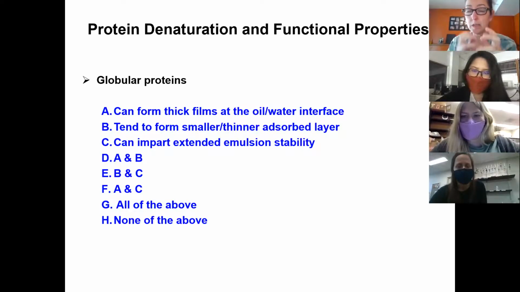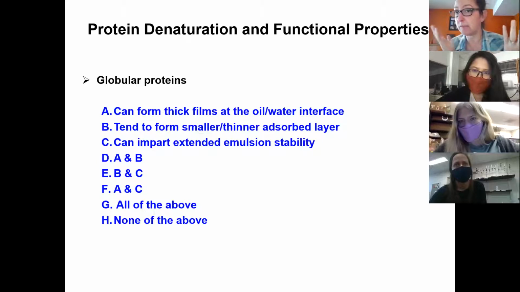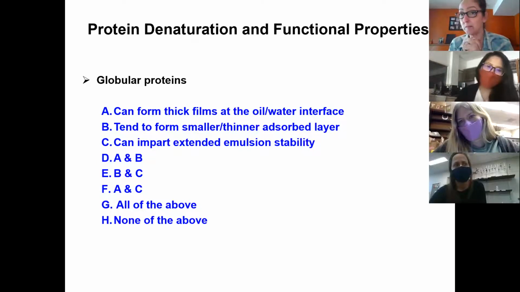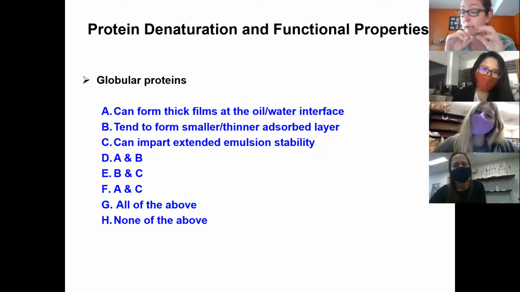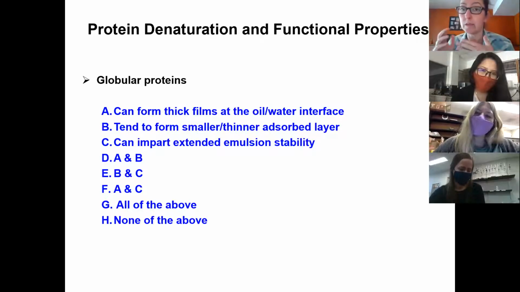You shake them, and then you have the aqueous and the lipid phase. If you don't have any emulsifier, they're going to separate due to surface tension. But if you have an emulsifier, it's going to go to that surface, unfold and reorient itself, its hydrophobic components to the oil phase or the lipid phase, and the hydrophilic components to the liquid phase. So there is unfolding that happens.